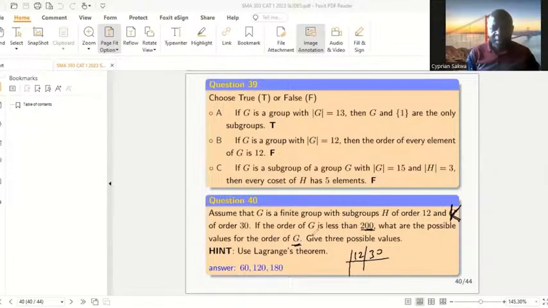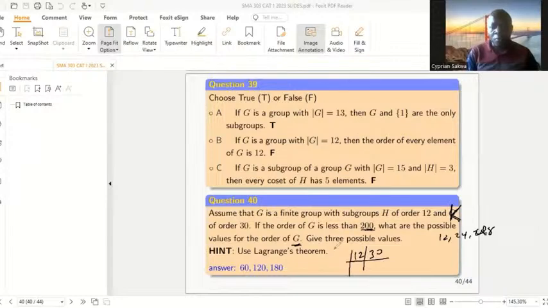The order must divide. If it was only H, the order of G should be numbers that 12 can divide: 12, 24, 48, and so on.